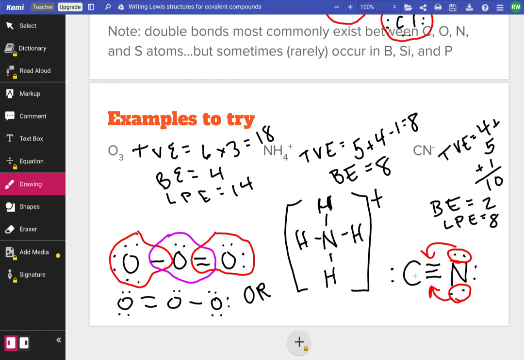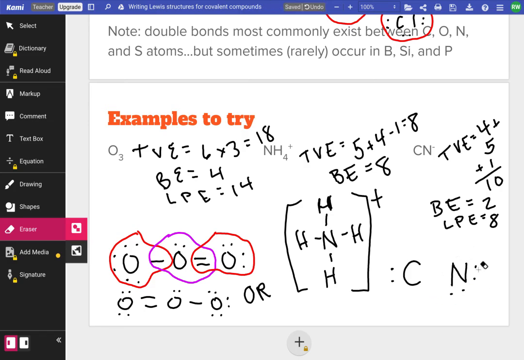So when I started this and I drew the C and the N right next to each other, and I connect them with a bond, that's it, right? So in that one bond, there's only 2 electrons. So I only have 2 bonded electrons.